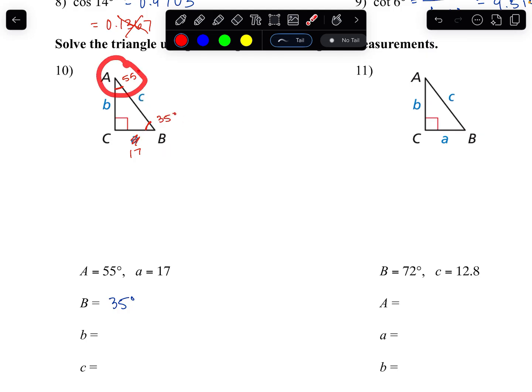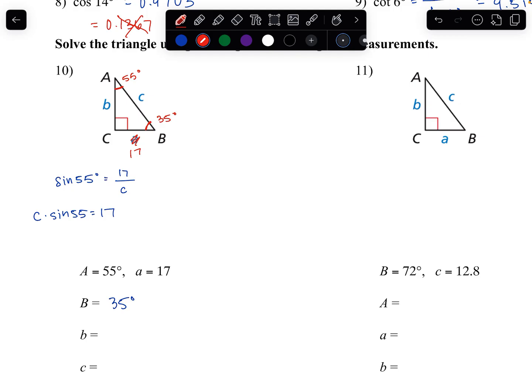If I use angle A and I want to solve for B, I have to use tangent. If I use angle A and I want to solve for C, I have to use sine. So I'll just stick with A, and let's do sine of 55, which means I'm solving for C. Sine of 55 degrees is equal to 17 over C. Now, C is in the denominator, and this is what I want to find, so I have to multiply both sides by C. I get C times sine of 55 equal to 17.